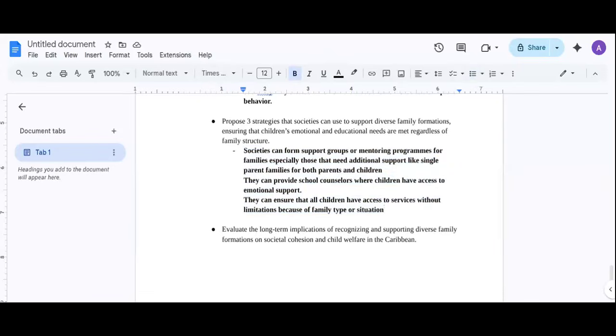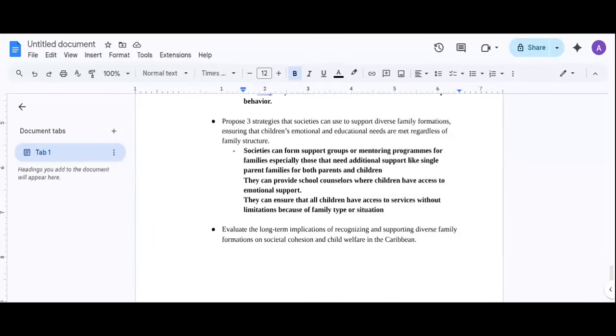They can provide school counselors where children have access to emotional support, and they can ensure that all children have access to services without limitations because of family type or situation. So this is how the societies can support diverse family formations. And when we're looking at diverse family formations, we're just looking at the different family types.